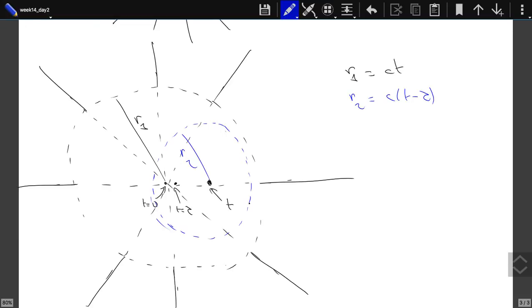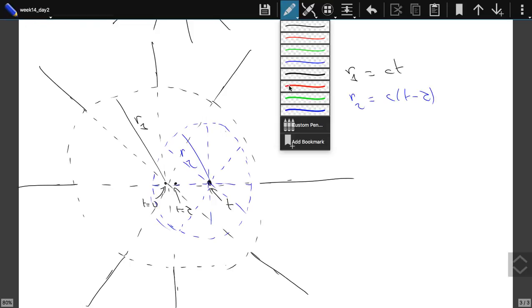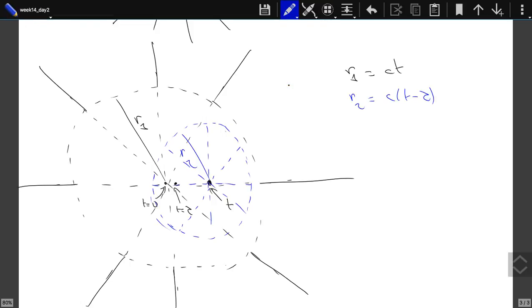Now, within this sphere, the electric field lines will again be just radially outward, uniformly distributed, because my object is moving at constant velocity. So I know these two limits. And I will also be assuming that tau is very small. So if tau is very small, I can even neglect the tau over there. So this is kind of an exaggerated sketch.